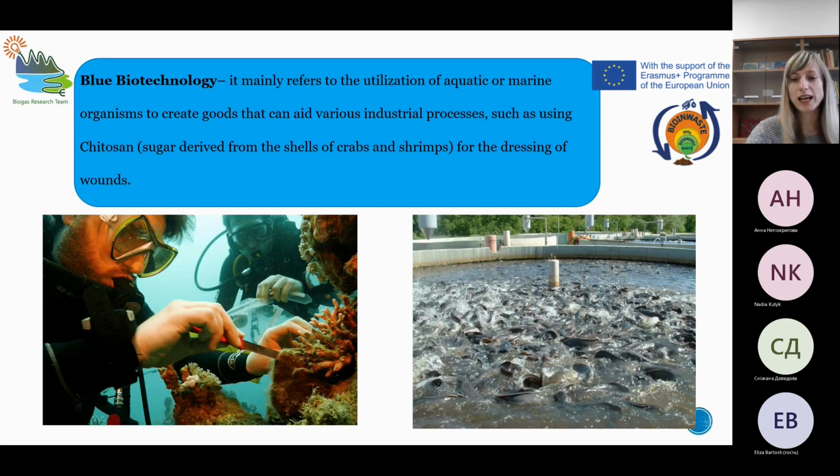And we go to the next biotechnology, blue biotechnology. And I think you also use these types of foods, subtypes of products, and of course each type of biotechnology is also important in our life. Blue biotechnology mainly refers to aquatic and marine organisms, creating good products for various industrial applications.